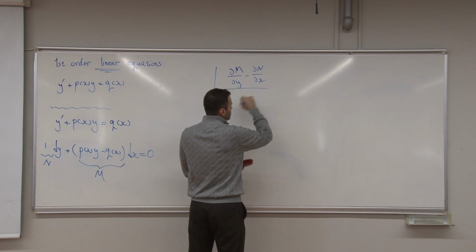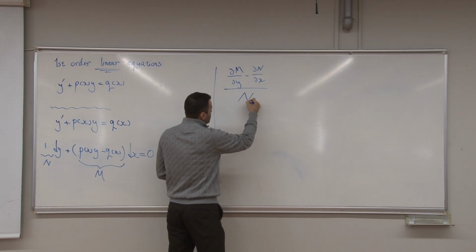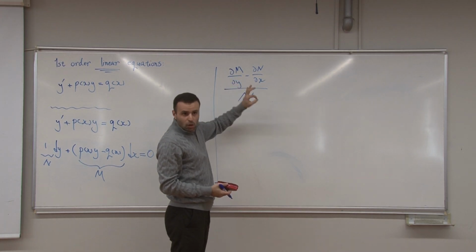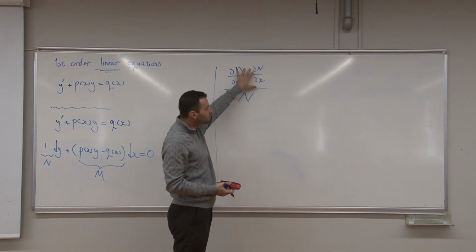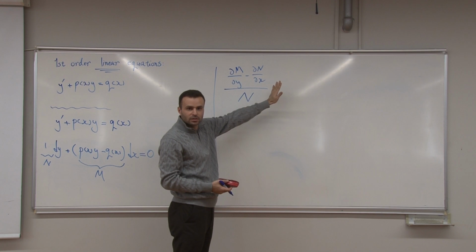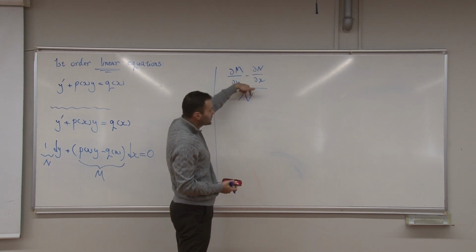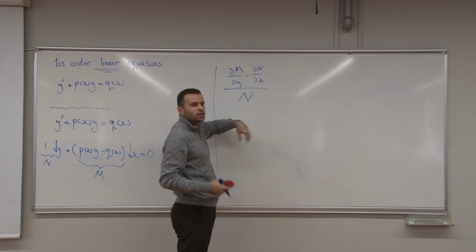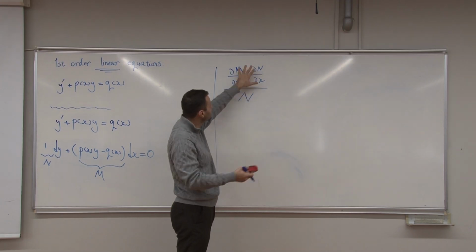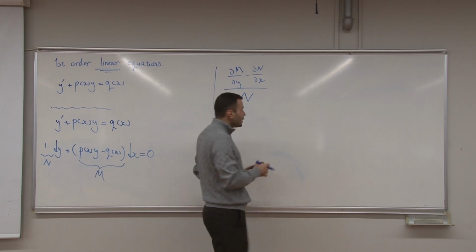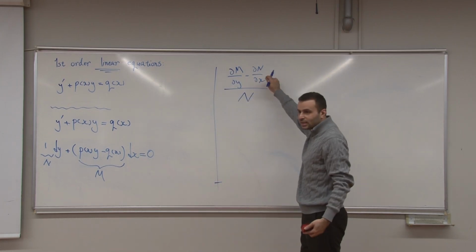If this is a function of only x, then e to the power of the integral of this is going to be our integrating factor. If this divided by minus m is only a function of y, then e to the power of the integral of this is going to be an integrating factor, okay? Let's check it step by step.